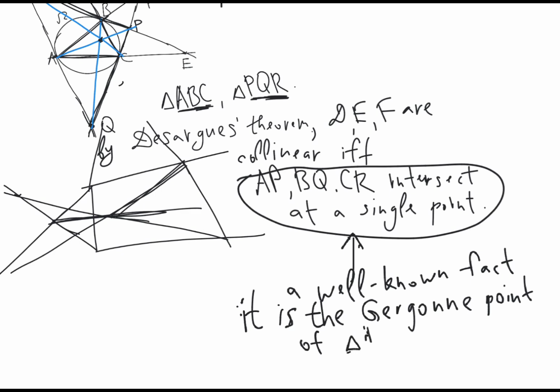Since this holds, therefore by the Desargues theorem, D, E, F are collinear.